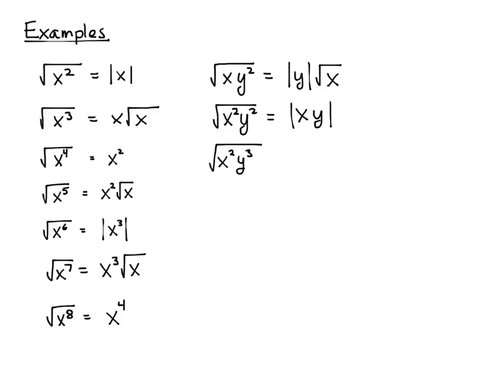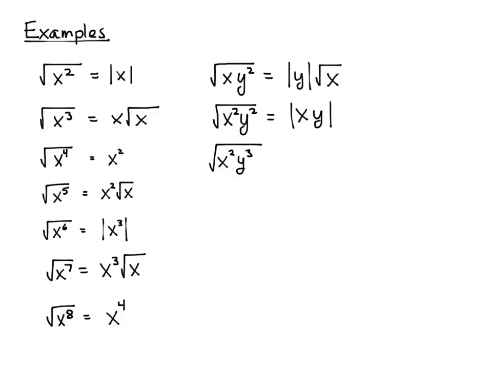Okay, so now let's take a look at x squared y cubed. Now, how does this work out? The domain of x is all real numbers, right? I can put in any real number. If I put in a negative number, the squared will make it positive, and I can take the square root of that. So x squared will always be positive. Y cubed, if you put in a negative value for y, we'll end up with a negative number.